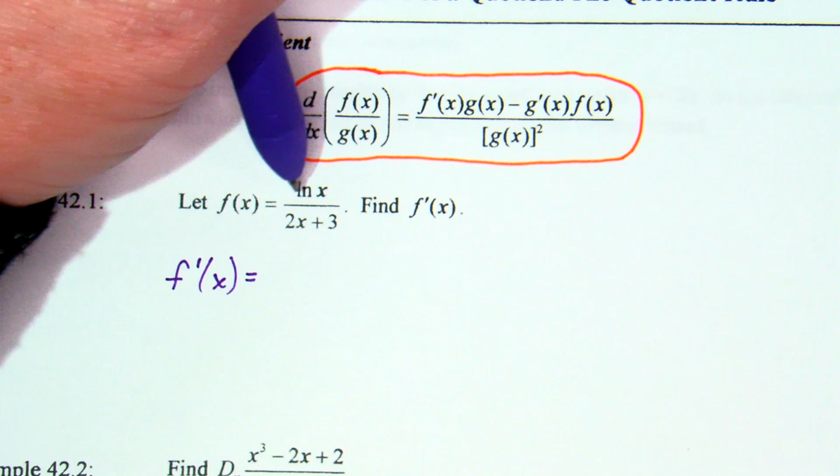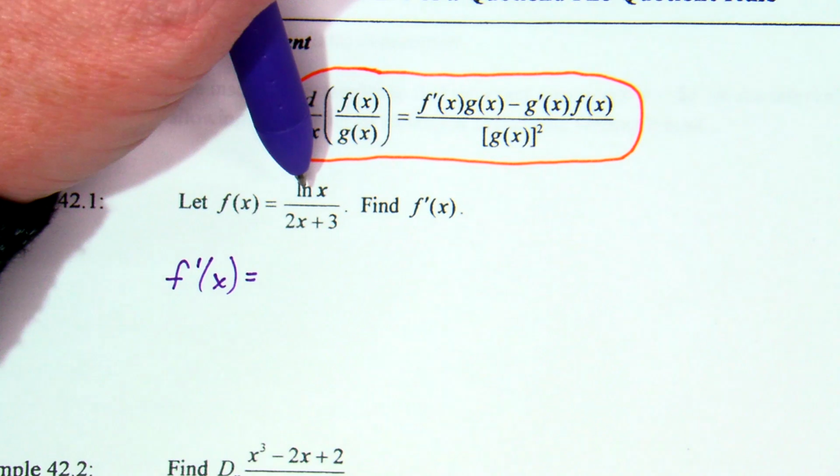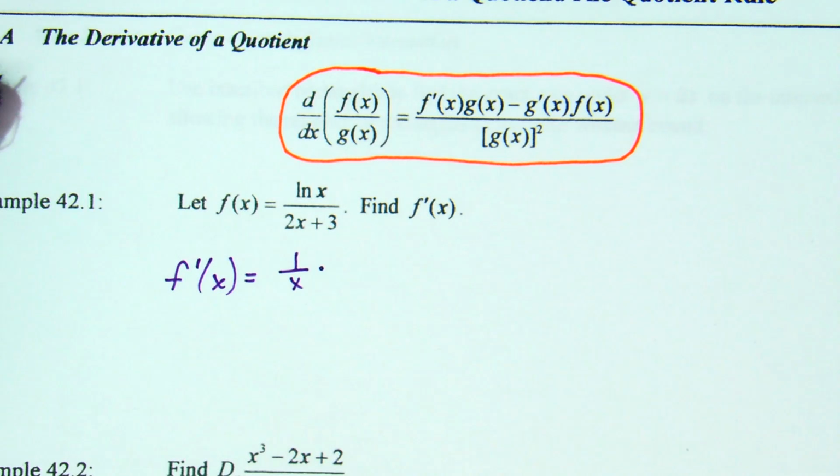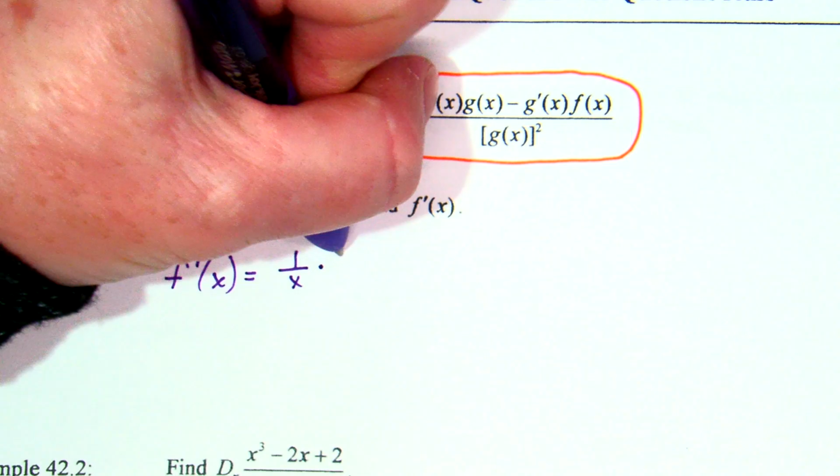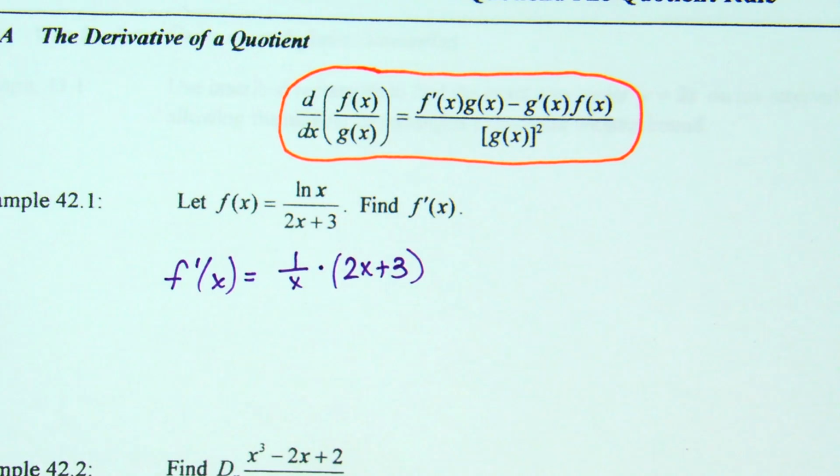So derivative of natural log of x is 1 over x. Derivative of the numerator times what? Times the normal denominator. So times 2x plus 3. Notice I put that 2x plus 3 in parentheses.